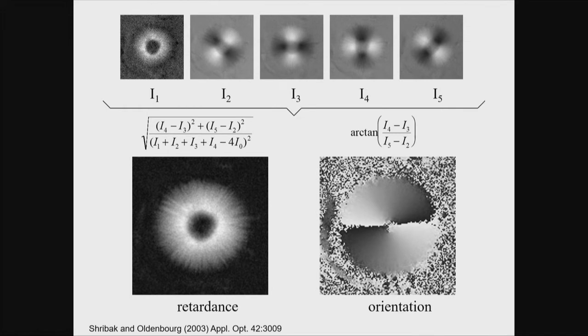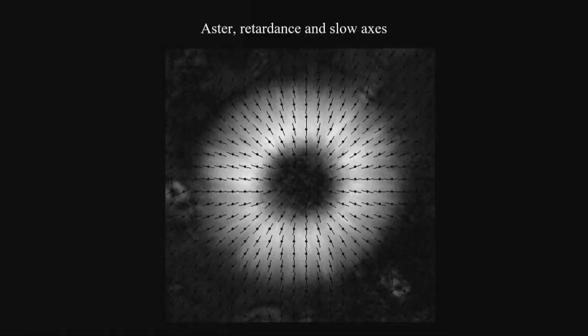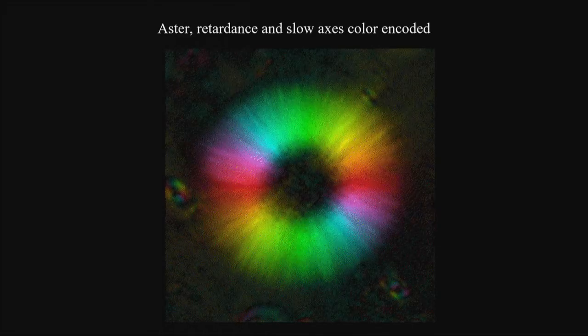It's not a direction. So 0 and 180 degree orientation is the same, and so you have that sharp step here. This is a more intuitive way of indicating what the slow axis orientation is, and you do know it for every point in the image.